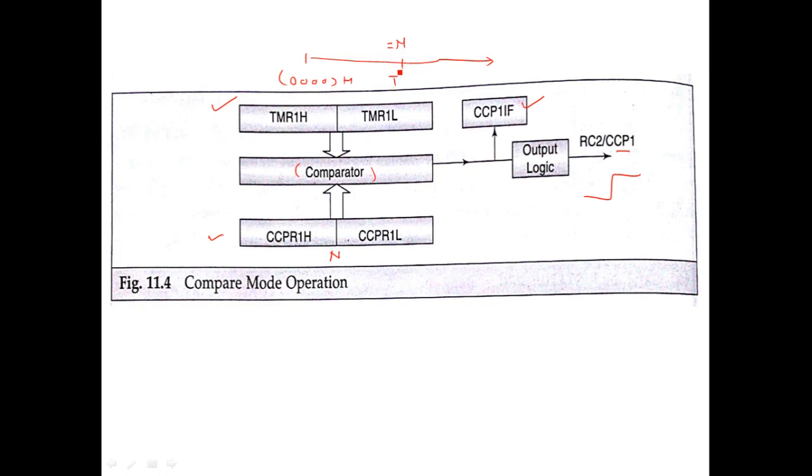Every time the count in the timer registers matches with the count in the CCP module count registers, an interrupt is generated, and there is a change in the status of the output pin. That's all. This is the working of the CCP module in compare mode of operation.